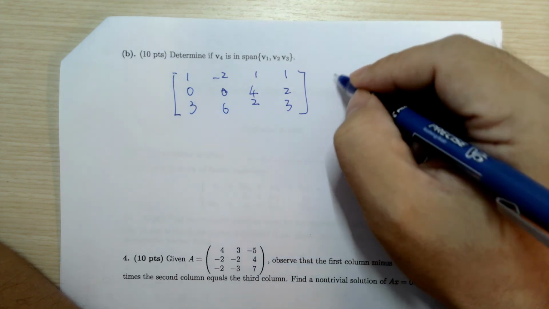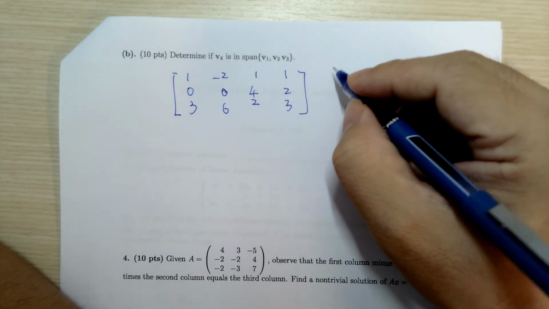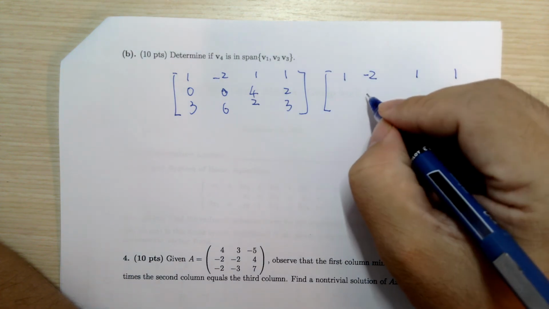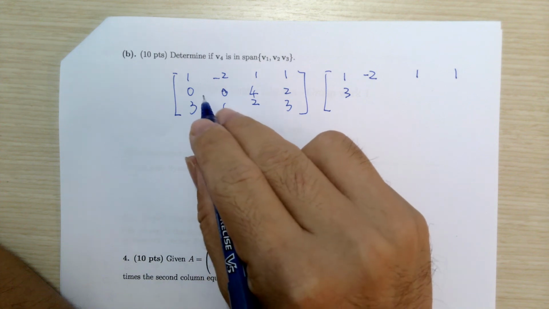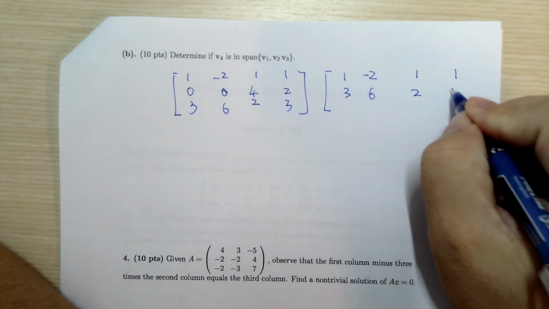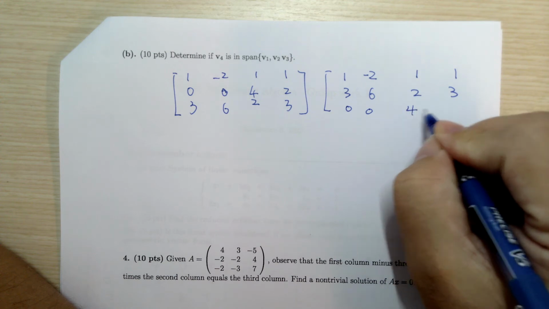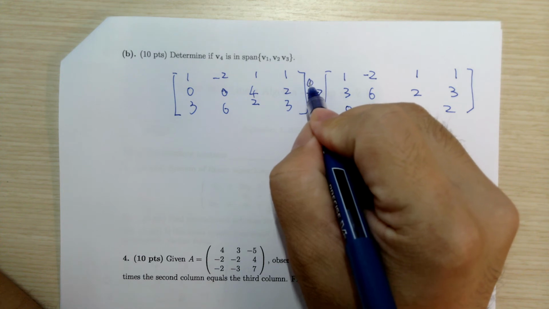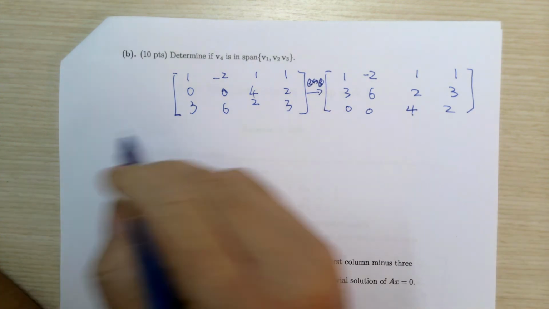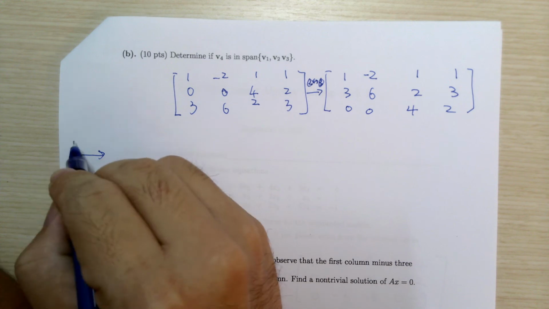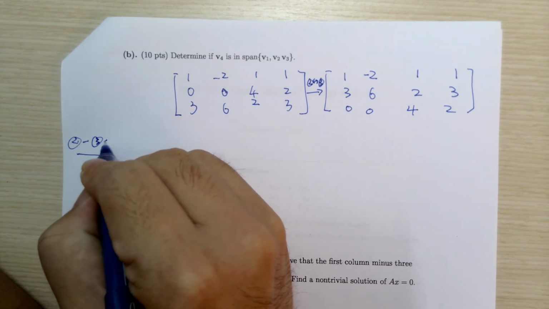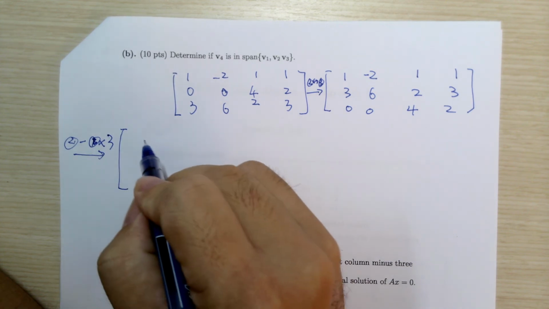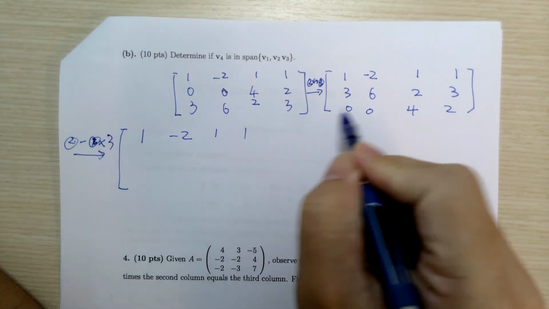As you can see here, we can try to do some row reduction. First of all, one thing we can do is, you see 1, -2, 1, 1. And I can swap row 2 and row 3, so 3, 6, 2, 3 goes into 0, 0, 4, 2, right? So let row 2 and 3 swap, and then I let row 2 minus row 1 times 3, so that will give us 1, -2, 1, 1, right?